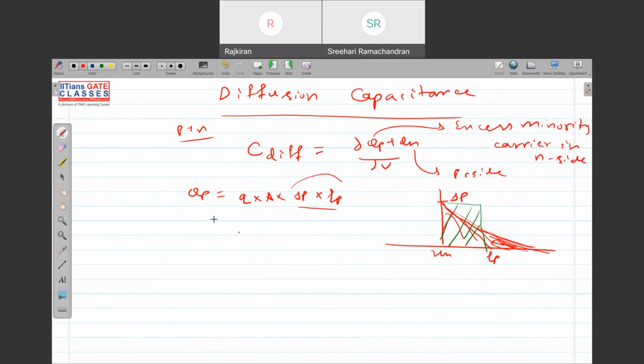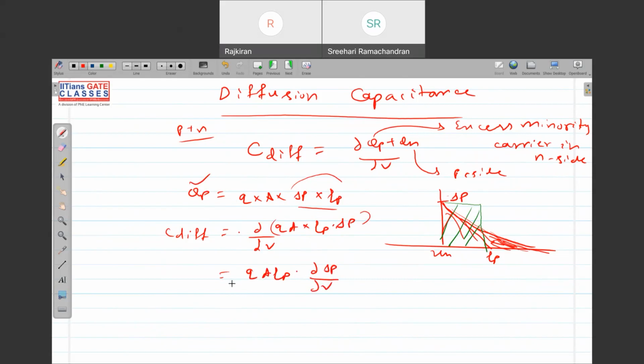Now C diffusion equal to d by dV of Qp, which is Q A LP into del P, so equal to Q A LP into d del P by dV.